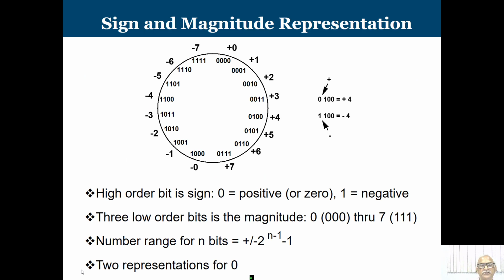In sign magnitude representation, again we are restricted to a range. So what is the range? If you use only 4 bits of information, one bit goes for indicating the sign and the other 3 bits represent the number. On the number line, here I have the positive numbers and here the negative numbers, but notice that we have 2 representations of zero.